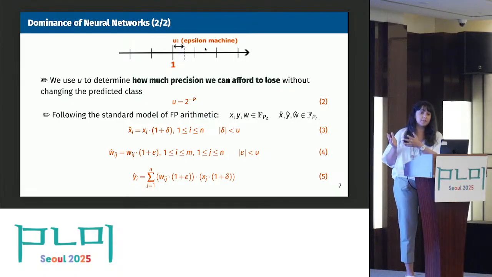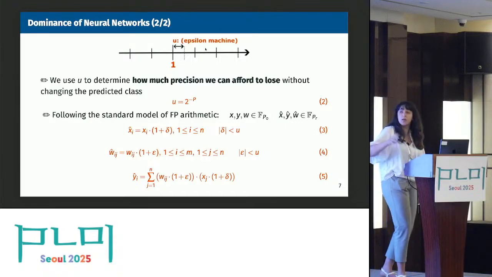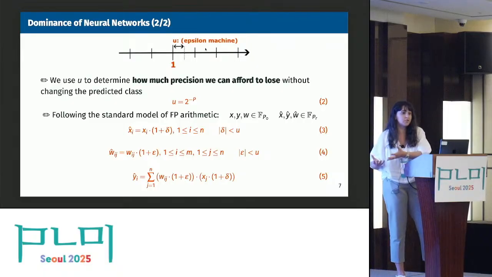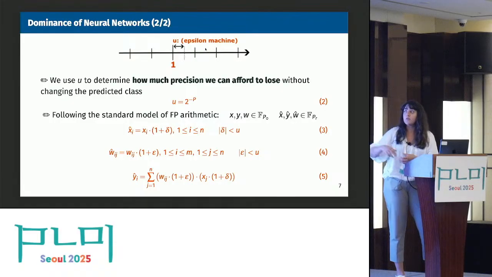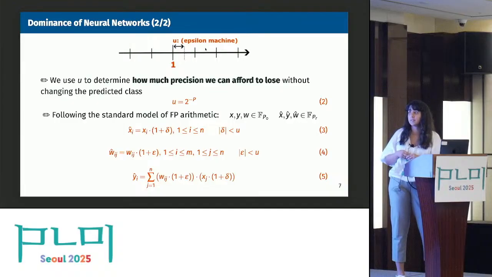Why do I present epsilon machine? Because in the context of quantization of a neural network, when we reduce precision, we introduce errors in the neurons. We need to bound such errors, and we will use the epsilon machine to determine how much precision we can afford to lose without changing the predicted class.